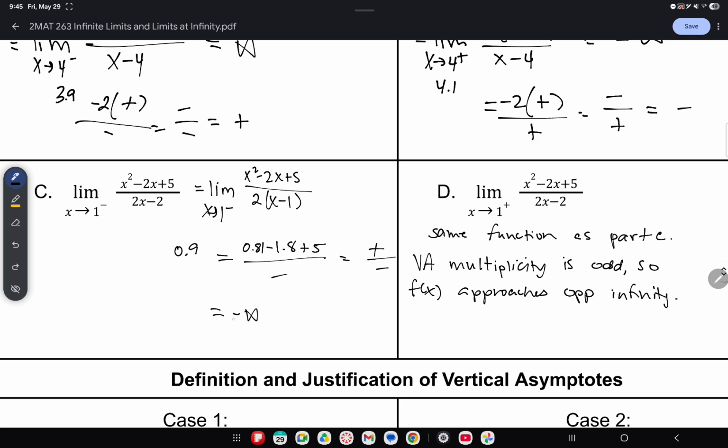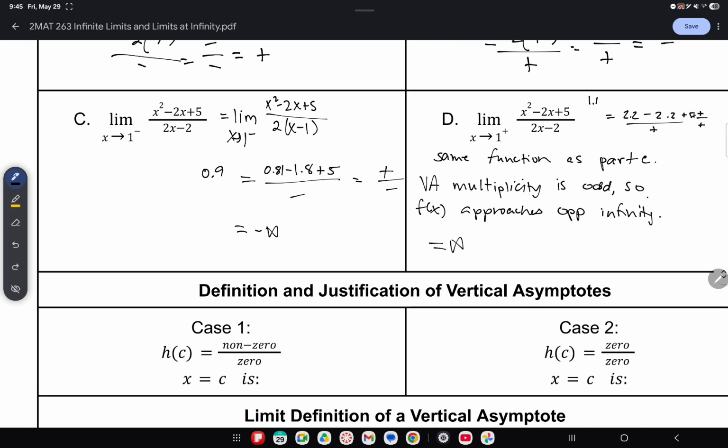So because this left side was negative infinity, this side is going to be positive infinity. And you can verify that and plug in something like, I don't know, 1.1. So 1.1 squared is obviously going to be positive, 2.2, and then minus 2.2 plus 5, so that's positive, right? And then the bottom, that's also positive. So positive infinity. Now, if the multiplicity was even, they'd be going the same direction.